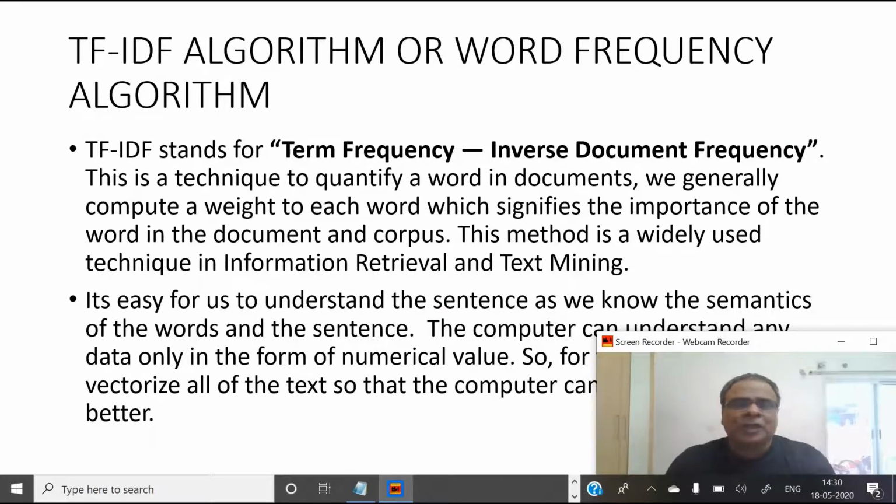TF-IDF algorithm. We call it the word frequency algorithm as well. TF-IDF stands for term frequency inverse document frequency. This is a technique to quantify a word in documents. We generally compute a weight for each word which signifies the importance of the word in the document and corpus.